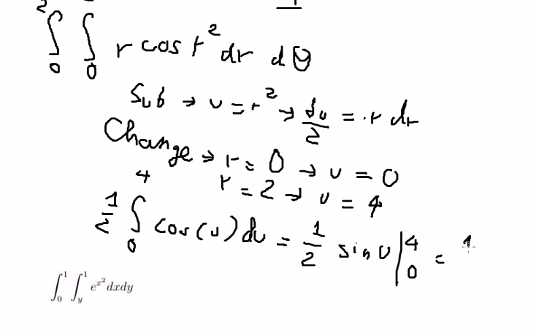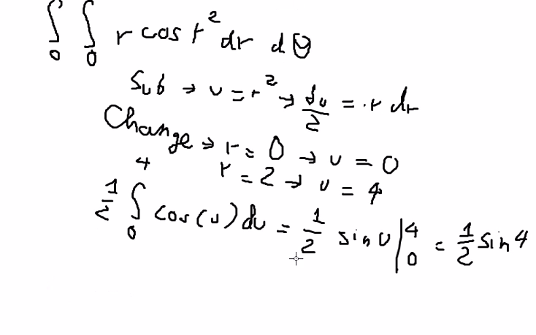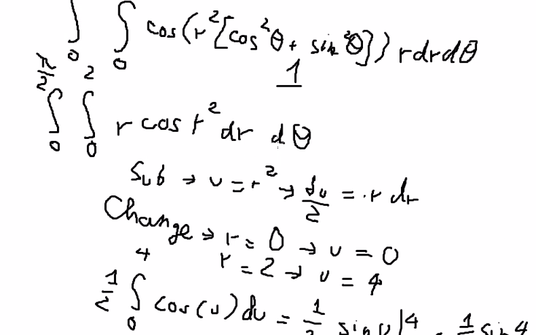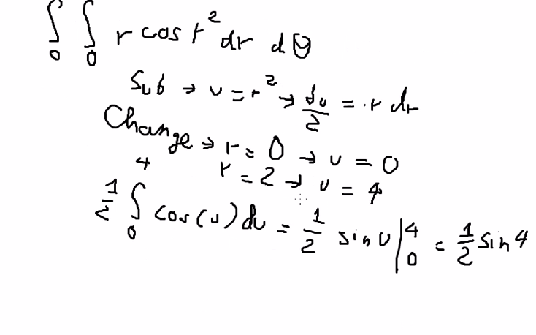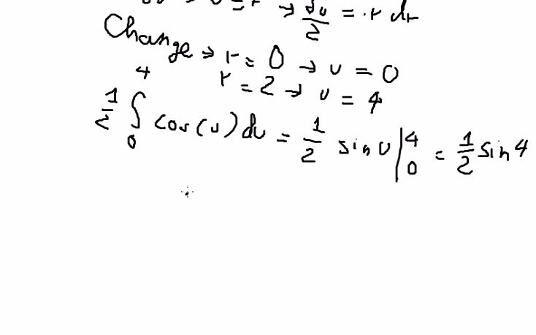So you got 1 over 2 sine of number 4. After we calculate this one, we just have d theta and pi over 2. So you got the final answer of this one. We put 1 over 2 sine of number 4 outside.